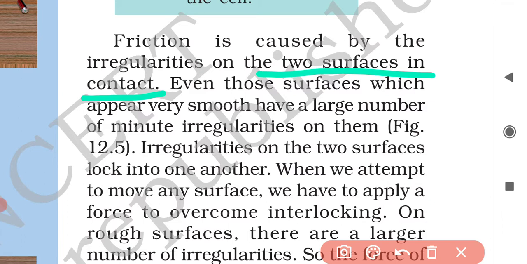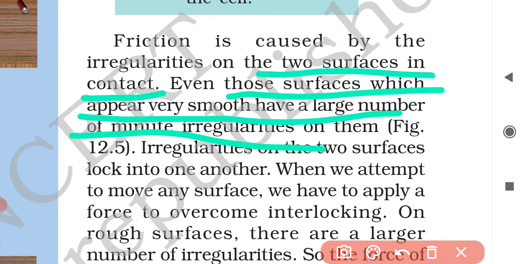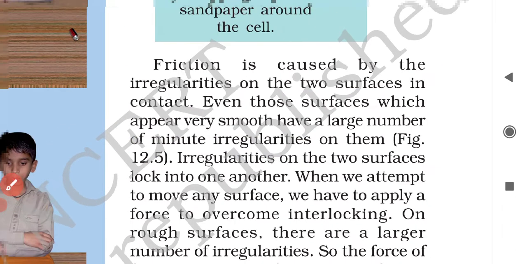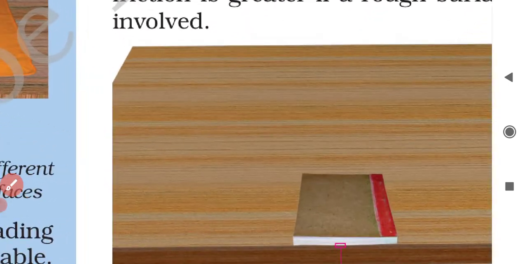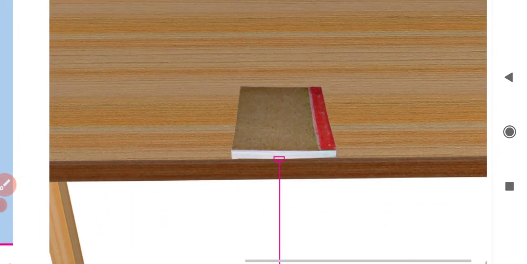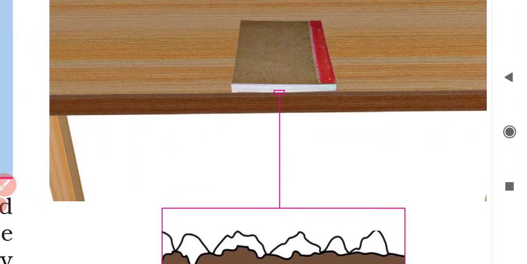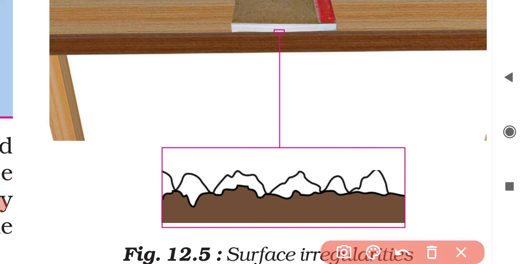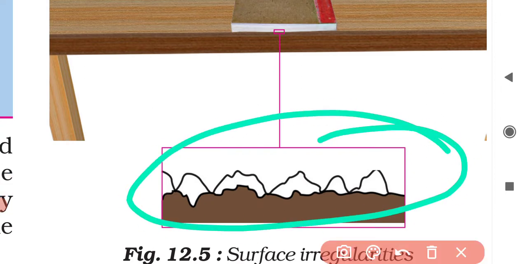Even those surfaces which appear very smooth have a large number of minute irregularities in them. Referring to figure 12.5, as you can see, this table is very smooth, but it also contains a large number of minute irregularities like this.